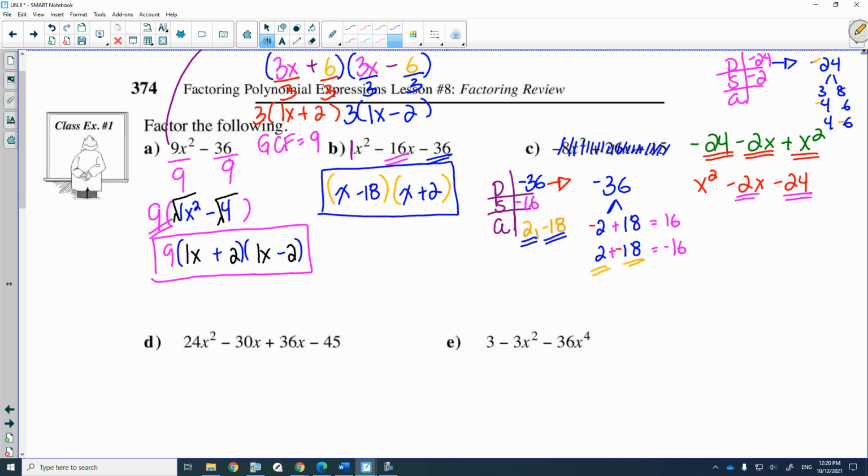So it's either negative 4, positive 6, or 4 and negative 6. Jackson, which one would it be to get the negative 2? 4 and negative 6. You would set up your two brackets. One bracket would give you x plus 4, and one would be x minus 6.